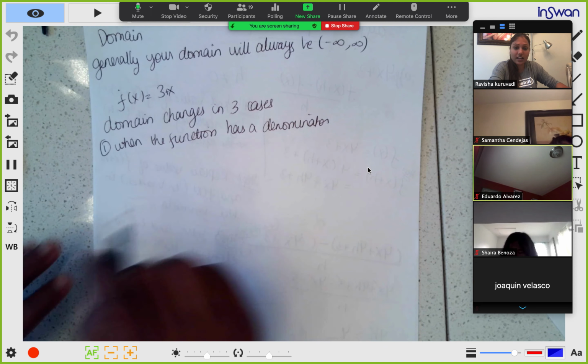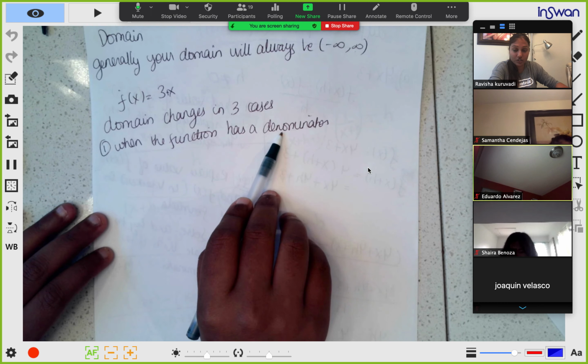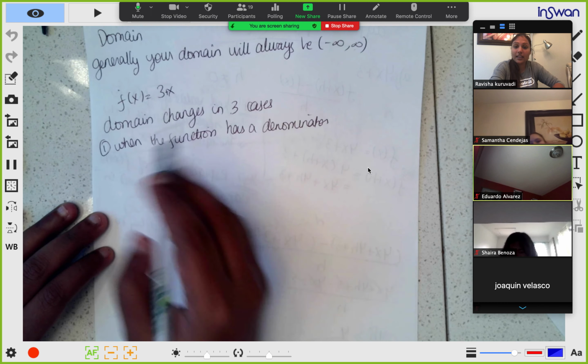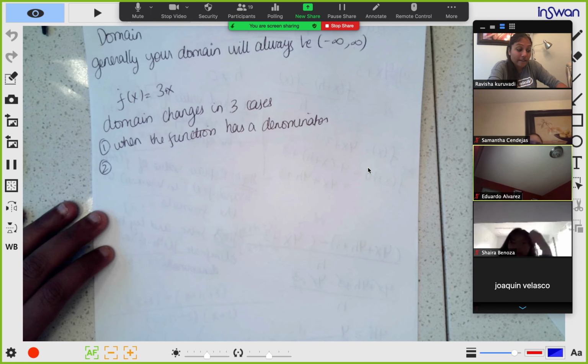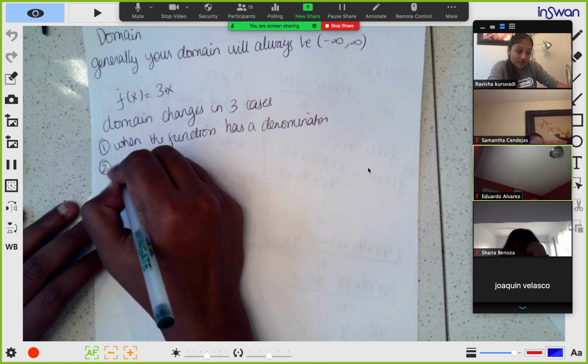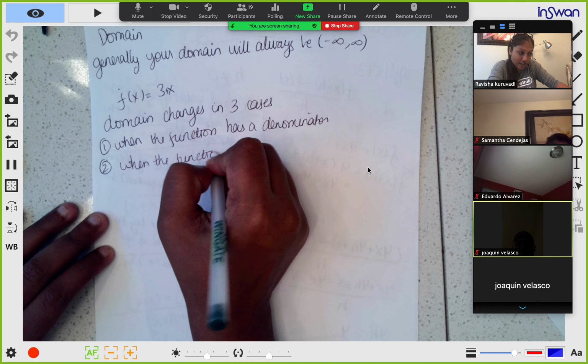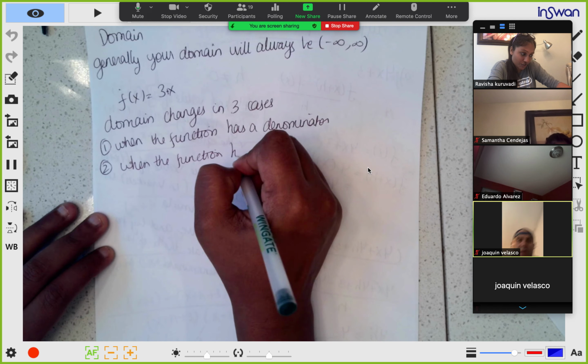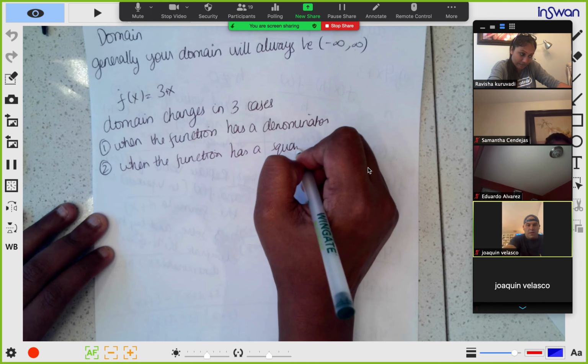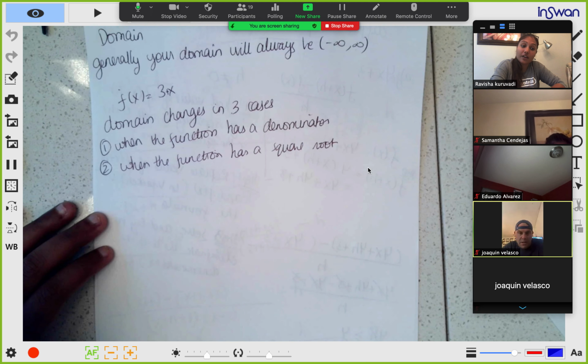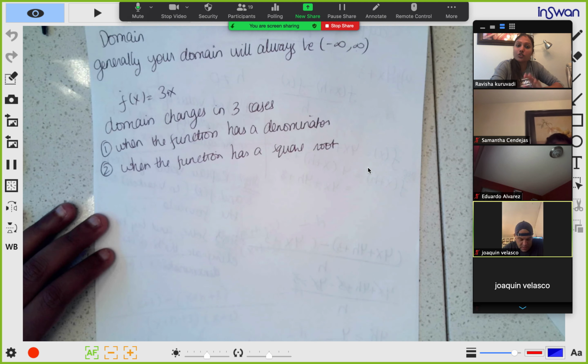When the function has a denominator, then my domain is going to change. Next, when the function has a square root, then also my domain will change.